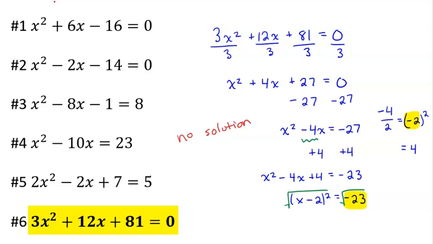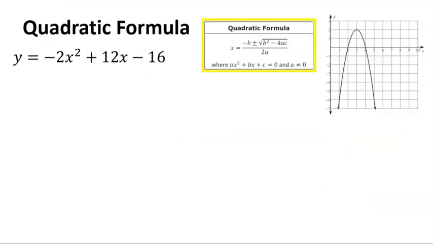Very easy process. It's just a lot of steps to remember, but if you can remember it, it's a good way to solve quadratic equations, and it can tell you whether it has two solutions or no solutions very easily. Now let's jump into our last method, which is using the quadratic formula.